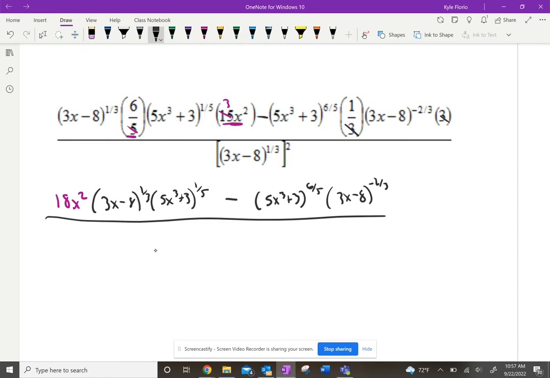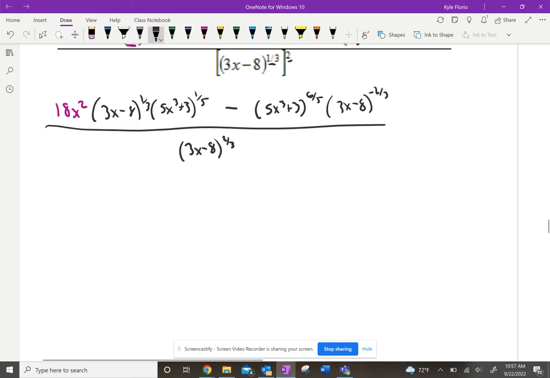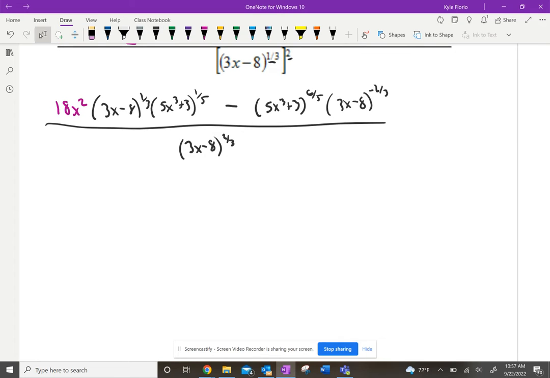On the bottom here, we have 3x minus 8, 1/3 times 2 is 2/3. Okay. All right, so from here, we're going to factor out the greatest common factor. Let's do green. They both have a 3x minus 8, so I can factor out the 3x minus 8.